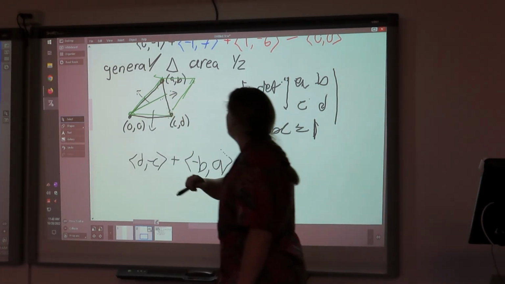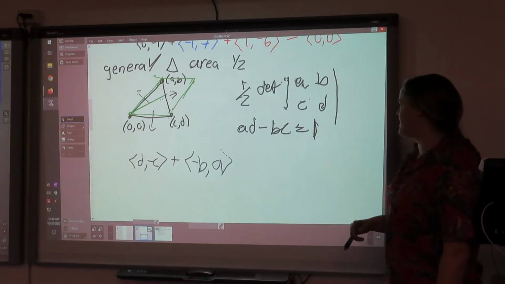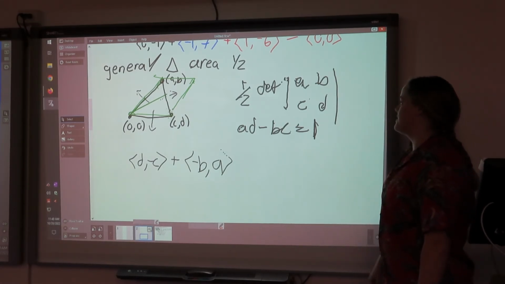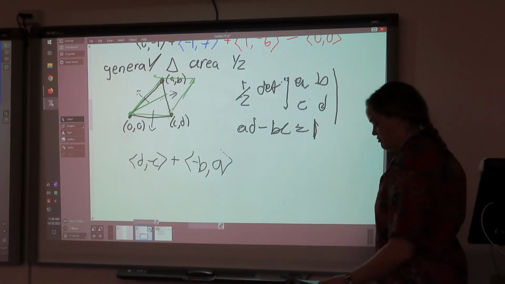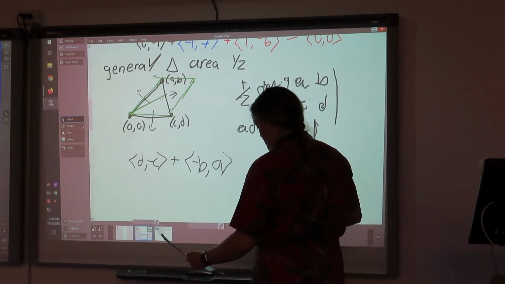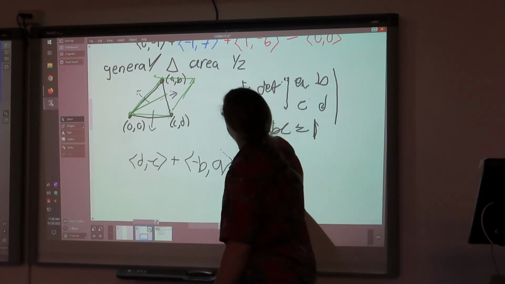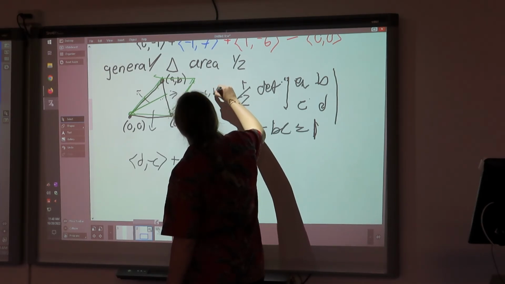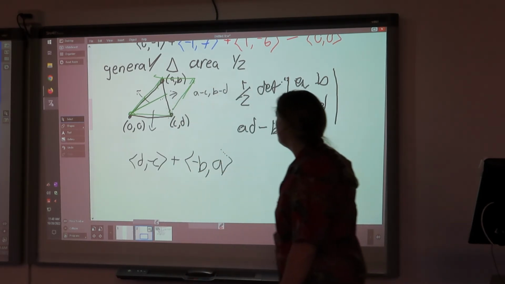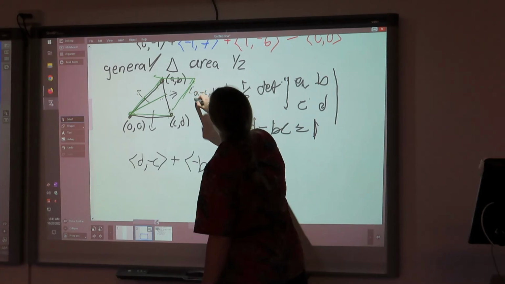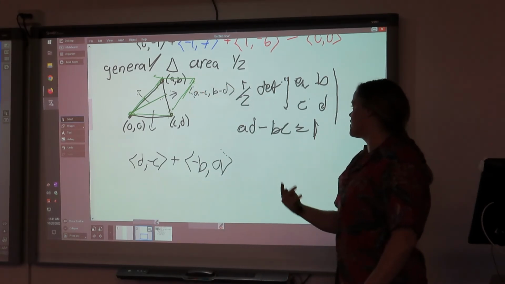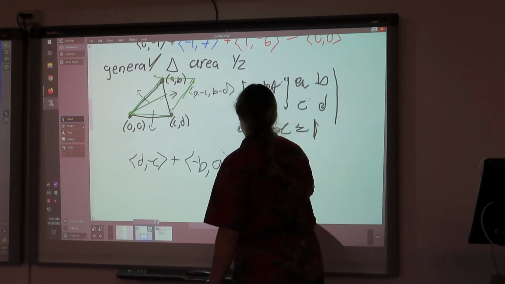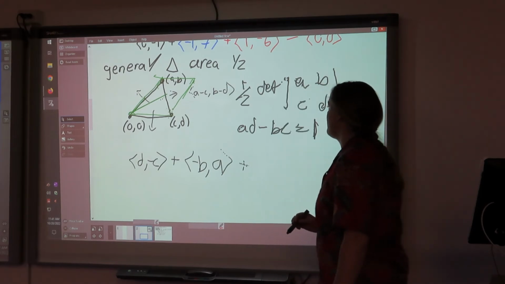This one is going to be the one that's a little more challenging because we need to find the slope or the direction between those 2 points, which is, let's see, A minus C, B minus D. And so we need to switch the order of those and make one of them negative.